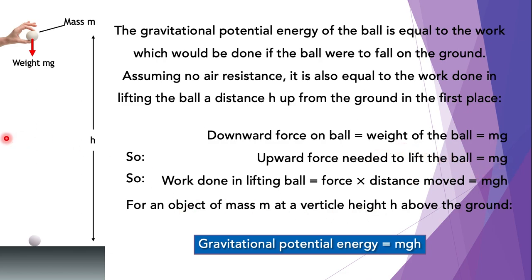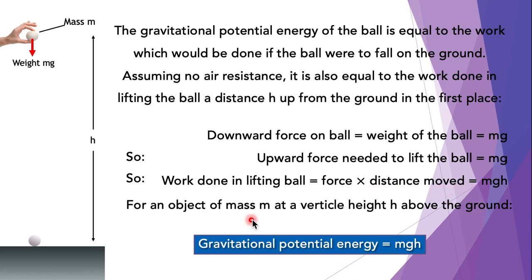Of course, it is the same height and the same work done. So work done in lifting the ball is equal to force into distance moved, which is equal to mgh.